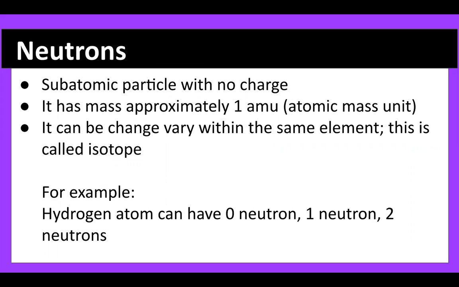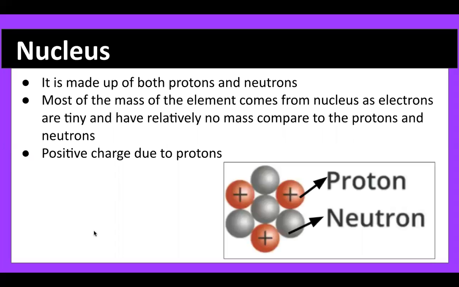For example, hydrogen has 3 different versions. They can have either no neutrons, or 1 neutron, or 2 neutrons. Okay, the nucleus is basically where the protons and neutrons are together. This is where the mass of the element comes in, and the nucleus is positively charged because the proton has a plus charge and the neutron has no charge.